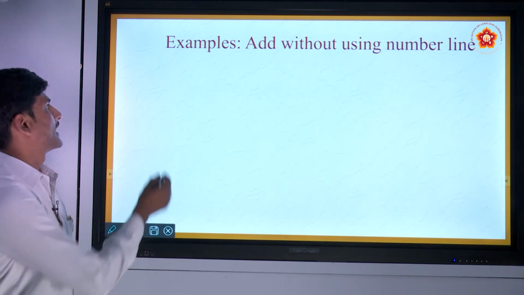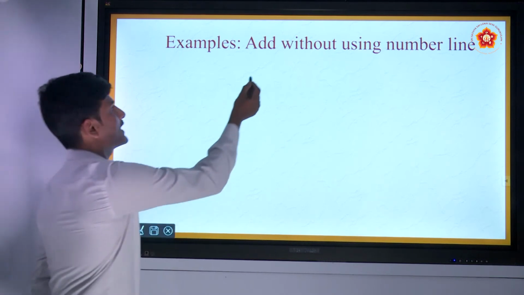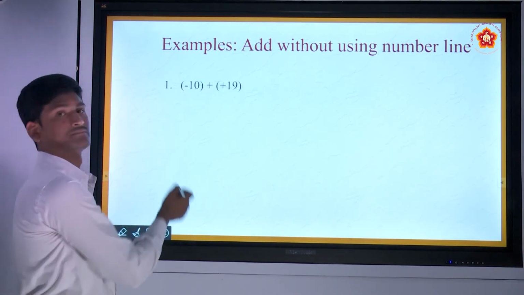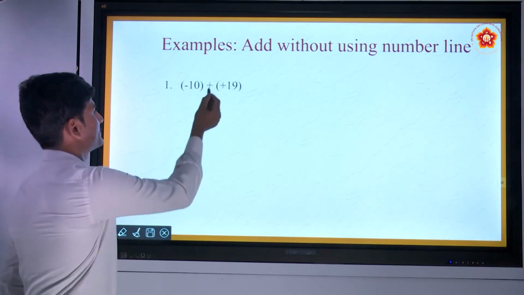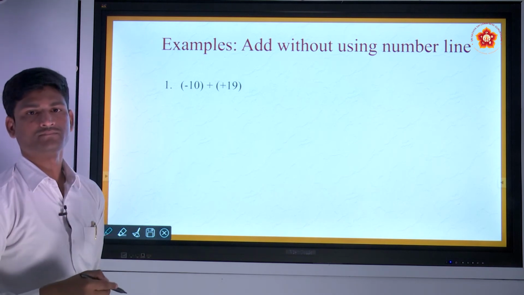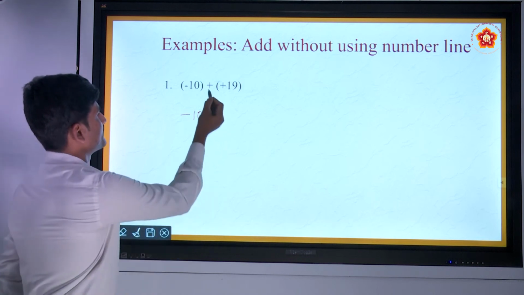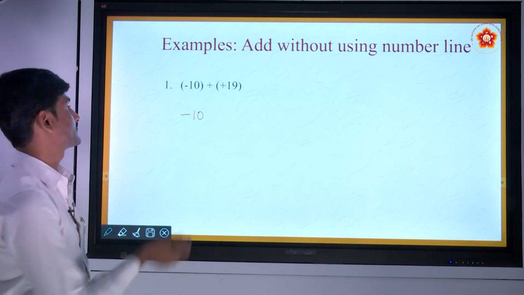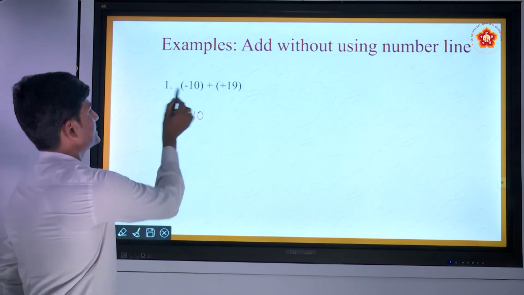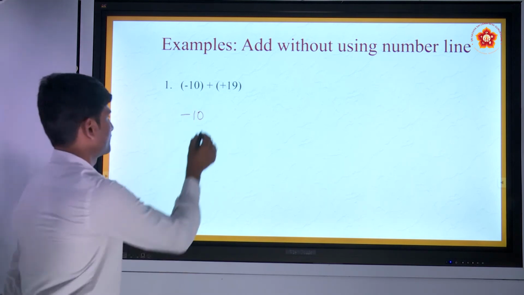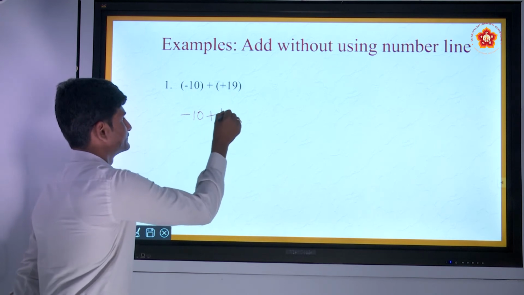Then examples. Add without using number line. First one, minus 10 plus of plus 19, right? First we remove brackets: plus into plus is plus, so minus 10 plus 19.